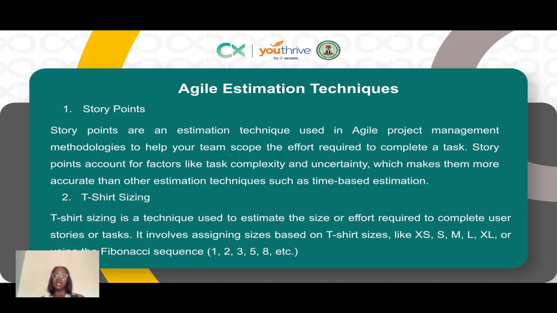So for a task that will require a lot of effort, you can assign a t-shirt size of extra large to it. For a task that will not take too much effort, you can assign a t-shirt size of small to it. So you use a sequence method of 1, 2, 3, and then you assign t-shirt sizes accordingly.